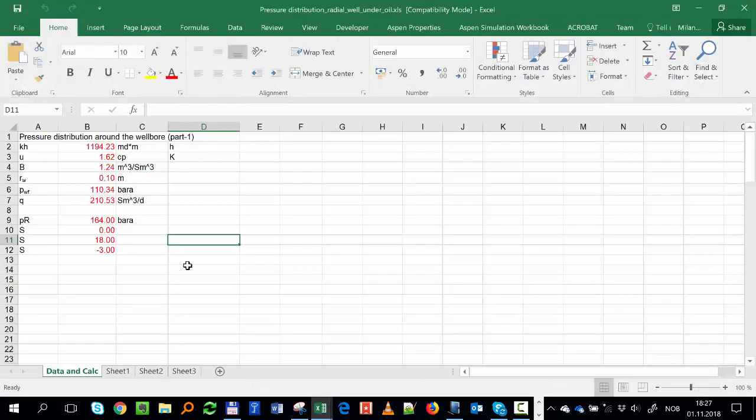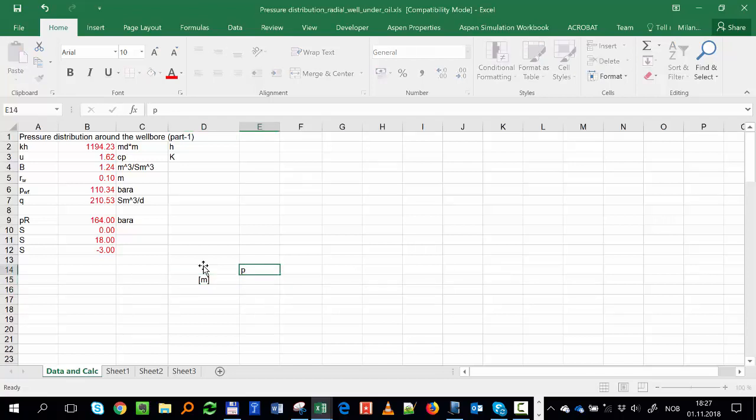Okay, so we're going to create two columns. One with r, that will be in meters, and one with pressure, and the pressure we're going to have it in bar. Pressure distribution radial well under oil.